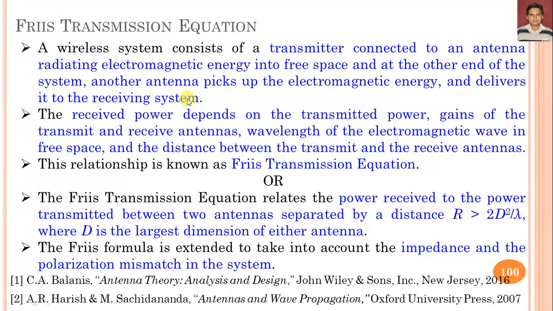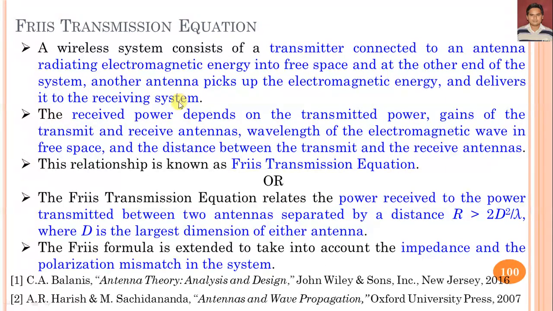This principle we have understood in the lecture of the input impedance series, and there we have calculated the power transmitted by the antenna as well as the induced power by the antenna when used in receiving mode.